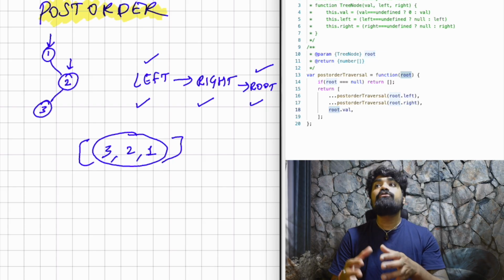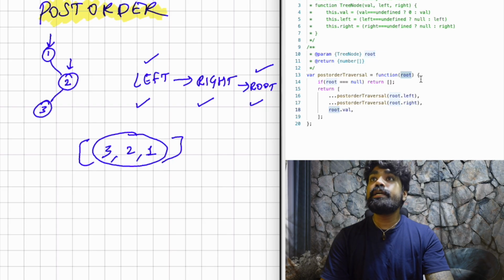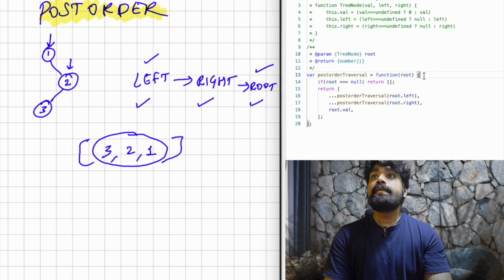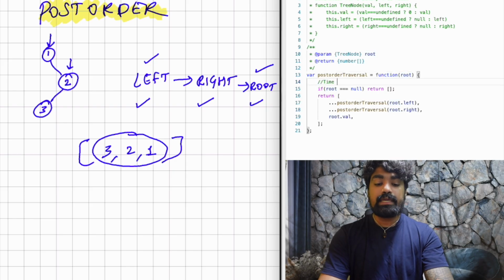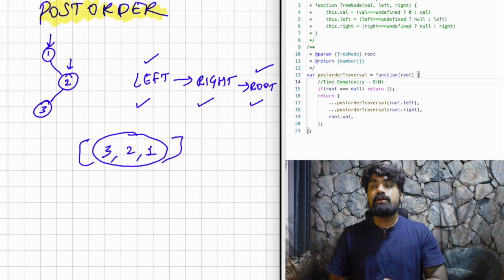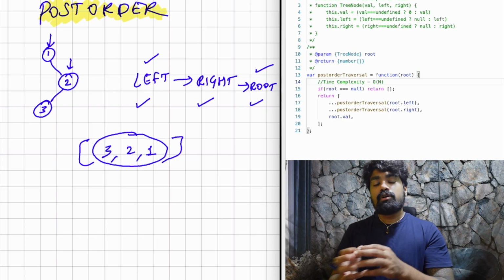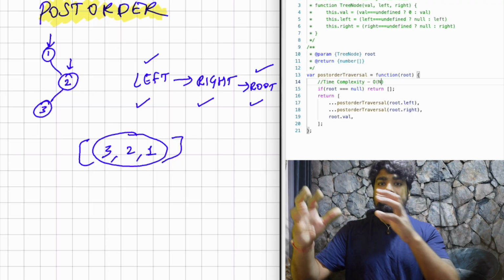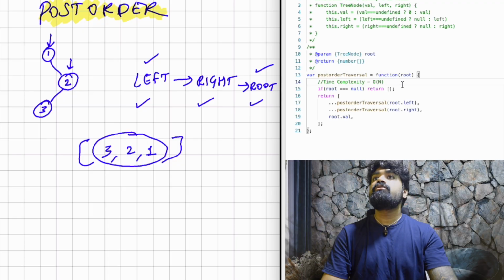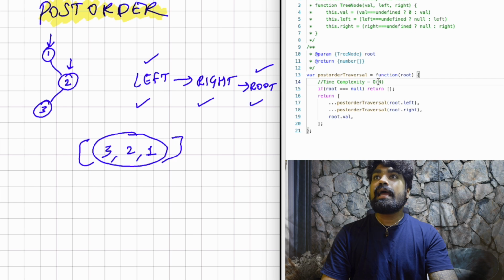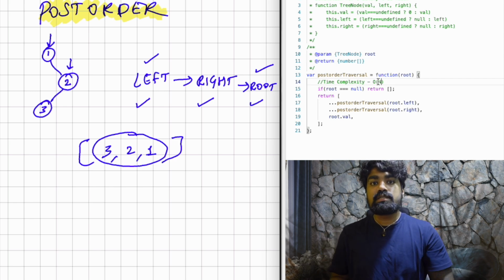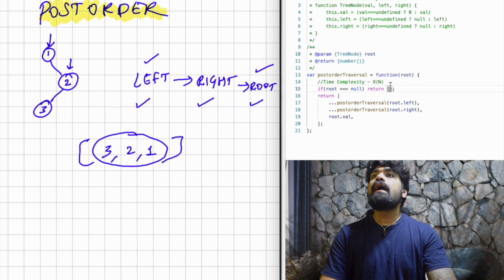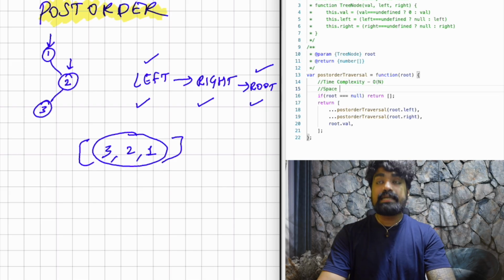Now, in terms of the complexities involved with this recursive approach, the time complexity is going to be big O of n, where n is the number of nodes that we have received, because in the worst case you have both the left subtree and the right subtree, and you have to traverse the entire tree itself. And in terms of the space complexity also, it's going to be big O of n.